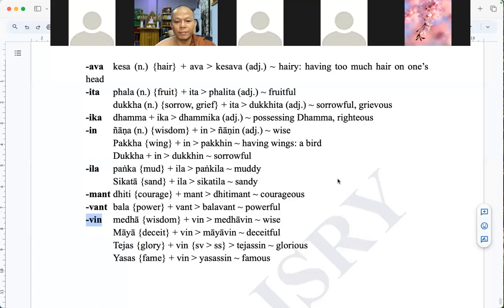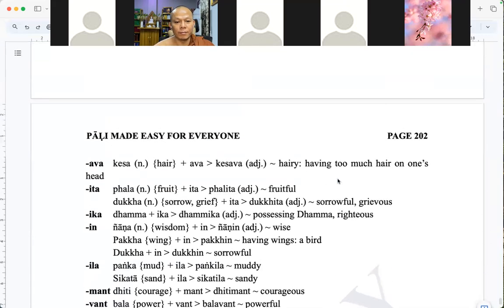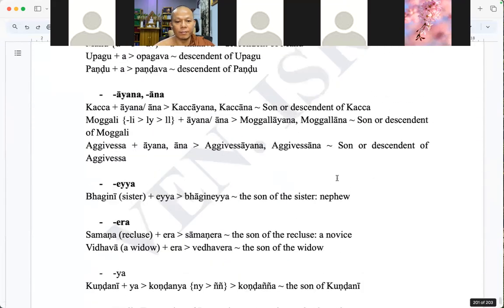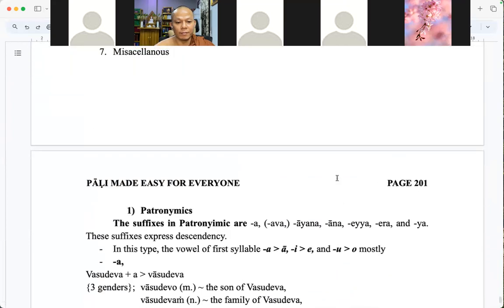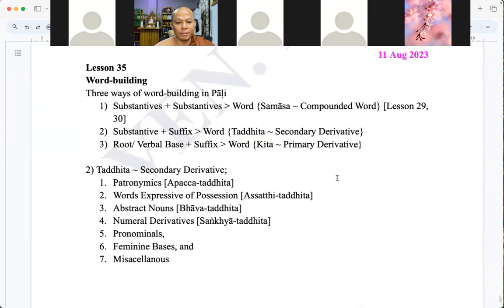In the session, you mentioned some words, Gachiana and Moglana. As I understand, these two words often mean a person who is really famous in Buddhism.